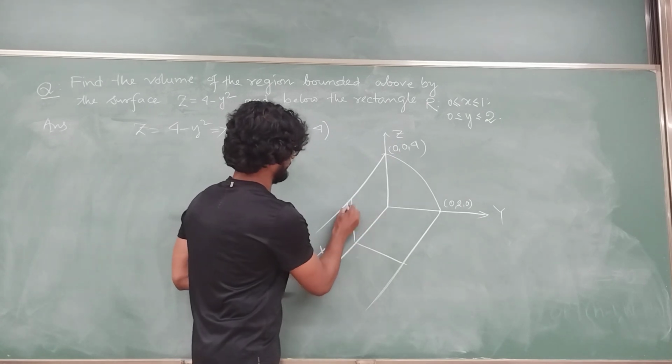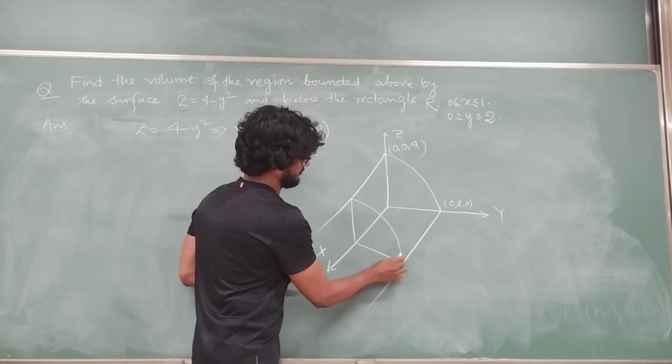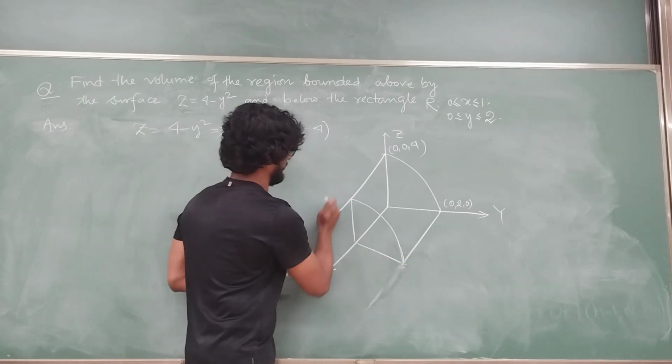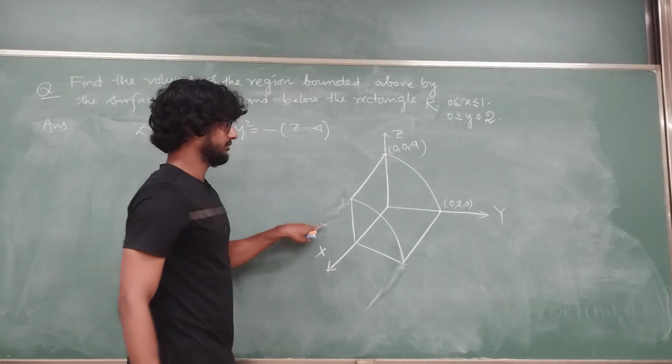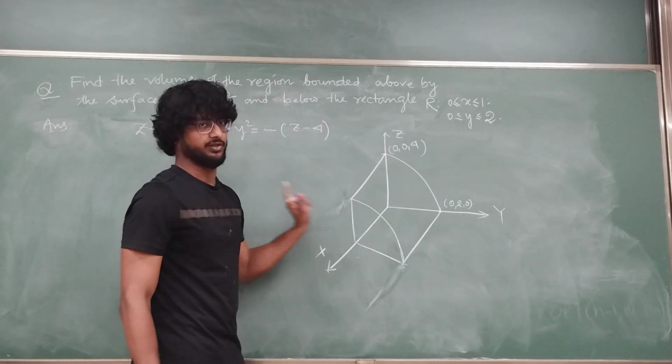So you get this. No need to take this portion. So this is your portion of this cylinder, and we have to find the volume of this portion only.